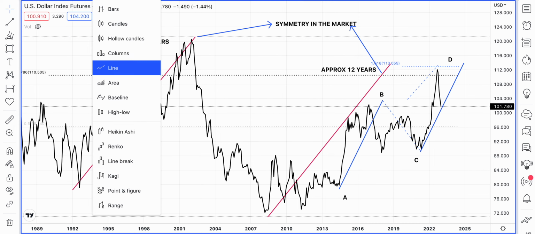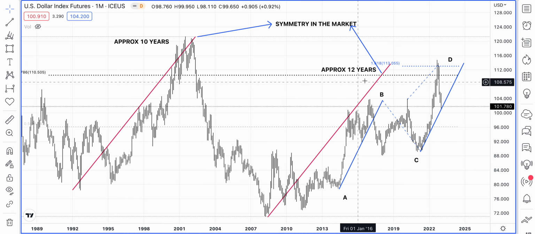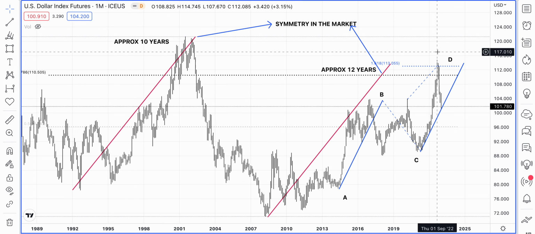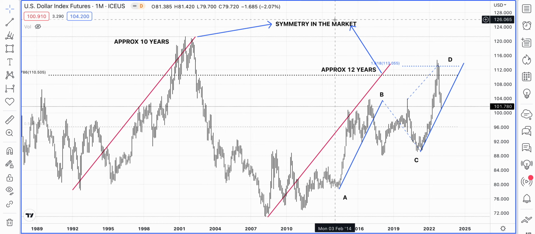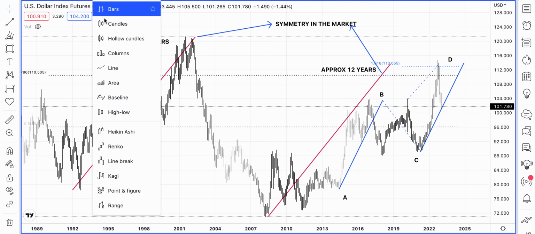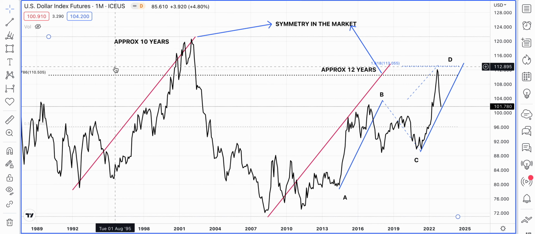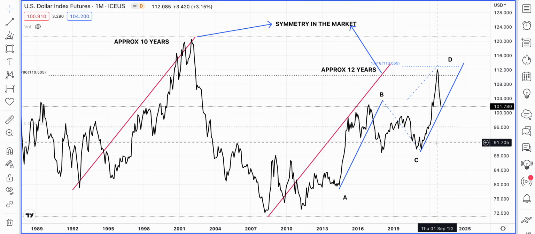Let me go back to the bar chart to show you clearly from this high reached here. So there were a number of confluence points coming together around the 113 to 114 level, which meant that this could perhaps be a significant high in this market. So what we see is that the dollar begins to decline.